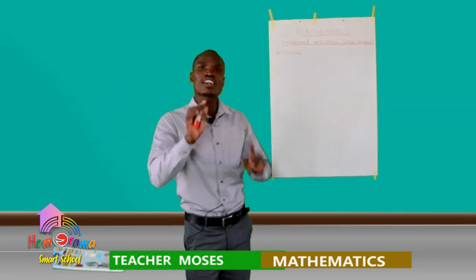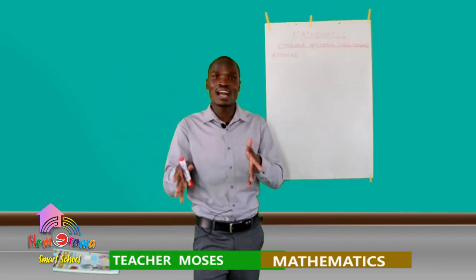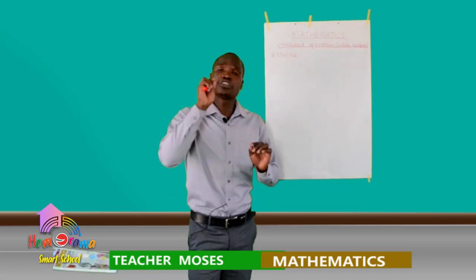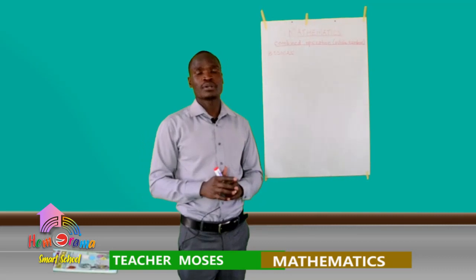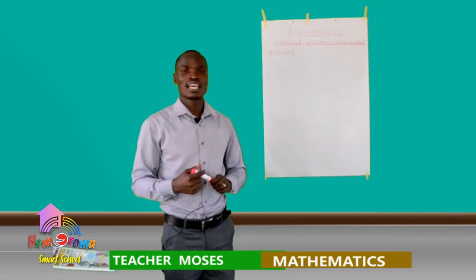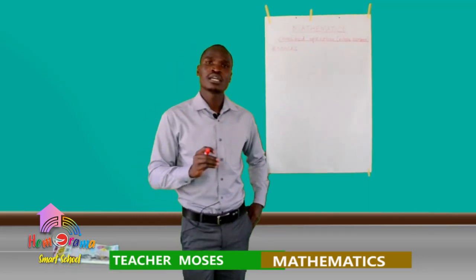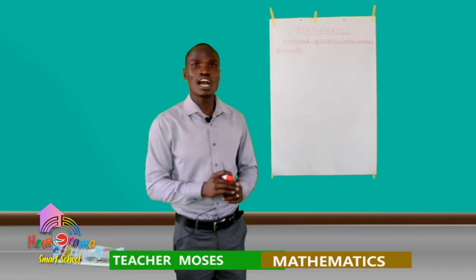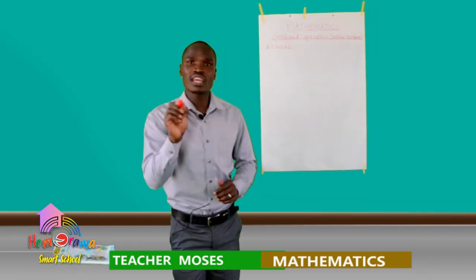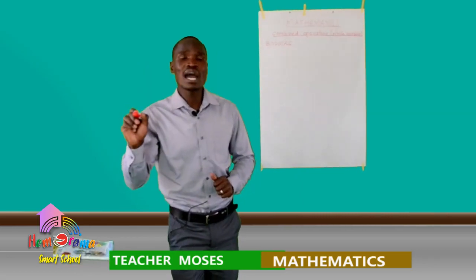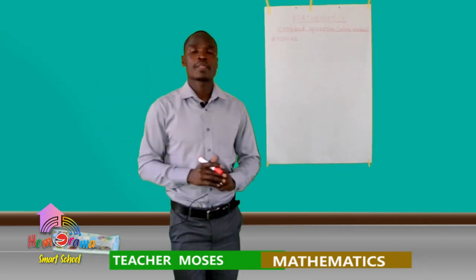So for us to get the same answer, we have to use the same procedure, the same steps. Look at this. For example, can you write it down? I have 2 times 3 minus 1 divided by 4.